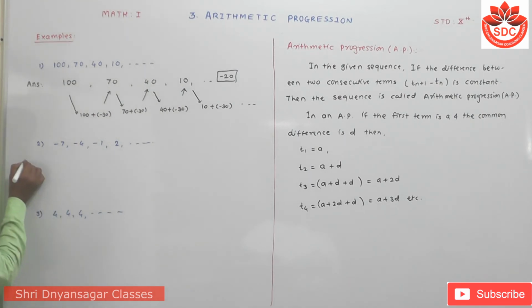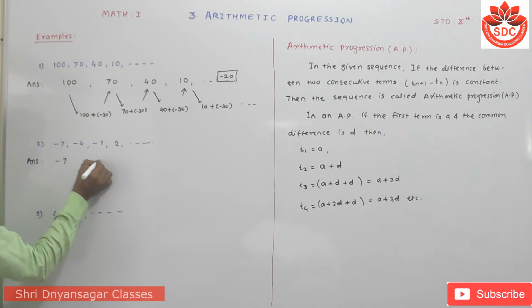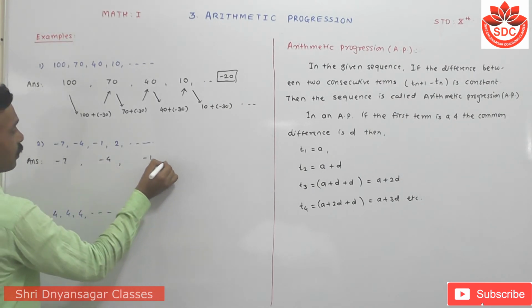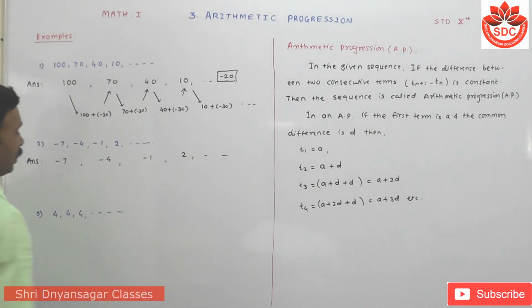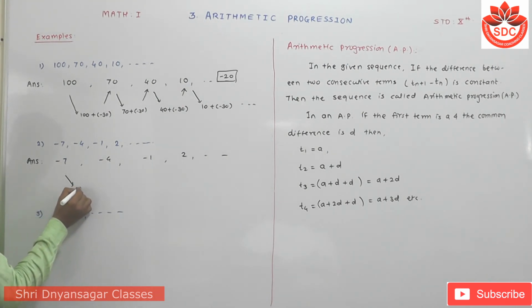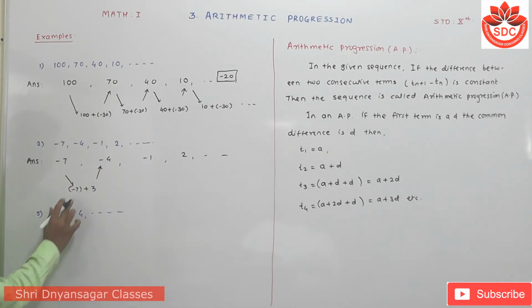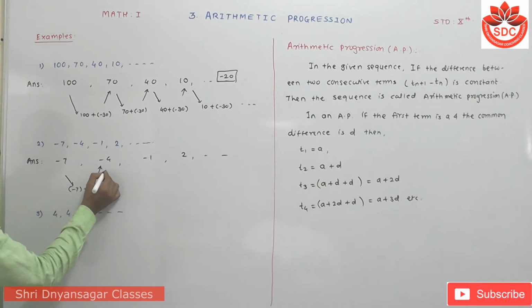When we observe this, this is also minus 7, minus 4, minus 1, 2, etc. Now this minus 7, when we add 3, we get minus 4. Means that you have to subtract; we get minus 4, use the sign of the bigger number.